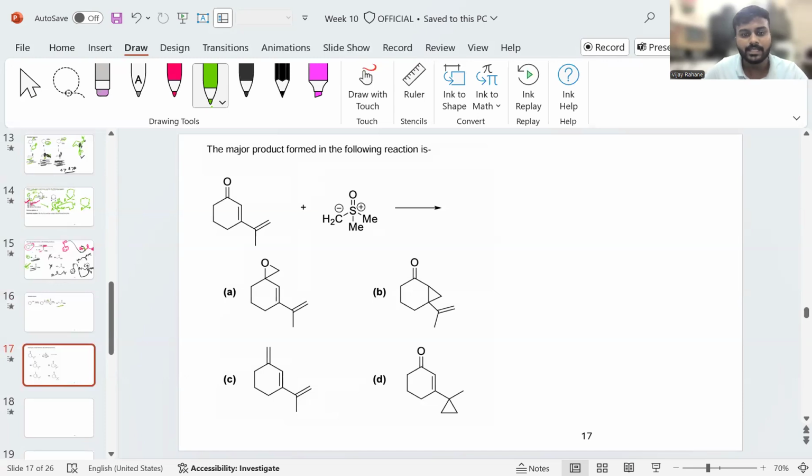And here we have given the ylide. So if you look at this CH2 negative from this ylide, it attacks on the center which is less sterically crowded. Further, the double bond conjugation is moved in this fashion, and it gives the formation of one intermediate.